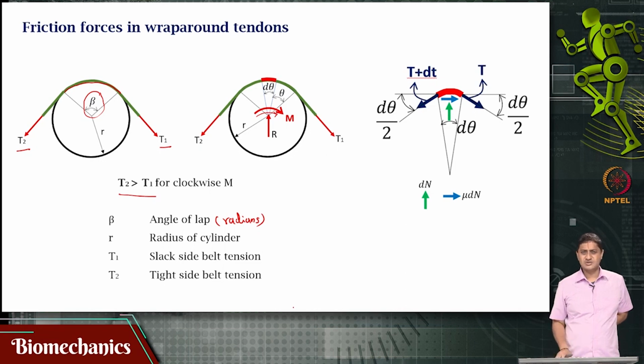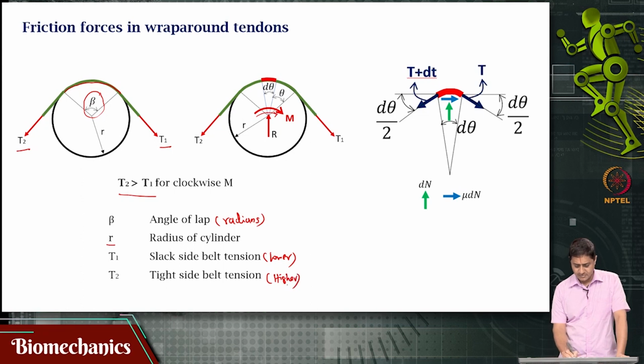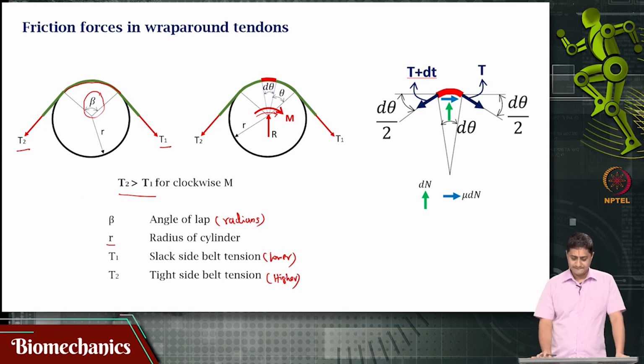For the sake of discussion, let us assume T2 is greater than T1. Here, small r is the radius of the cylinder, T1 is the tension felt on the slack side, the lower tension, and T2 is the tension felt on the tight side, the higher tension.